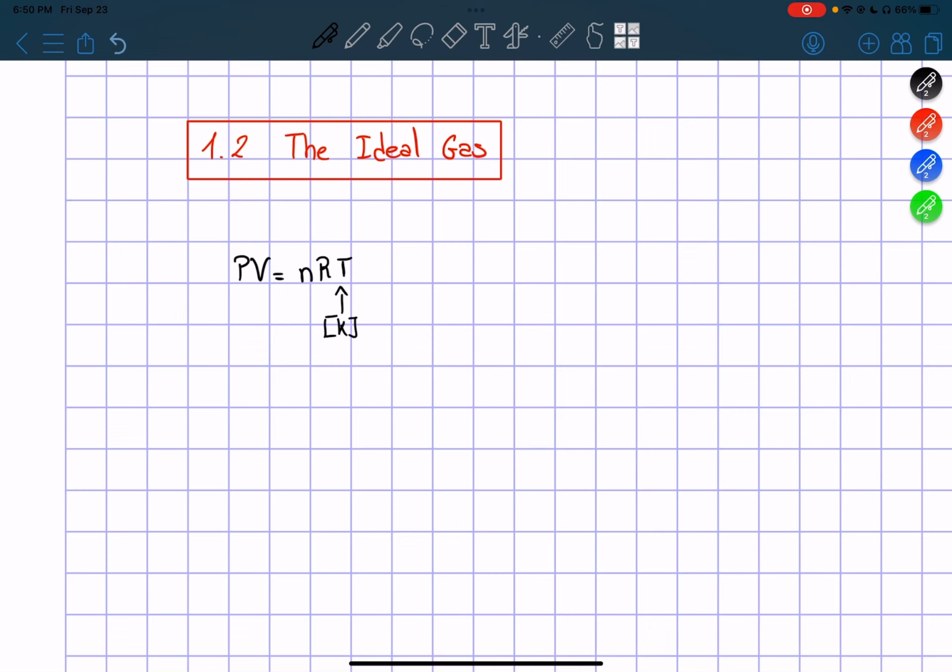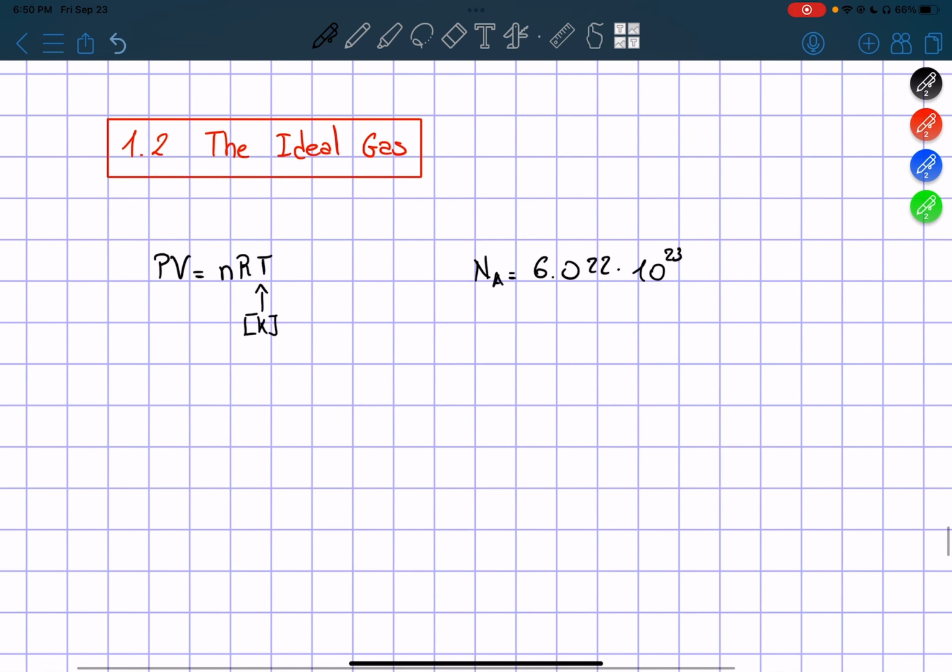So I'll just say something. We know that Avogadro's number, which is a constant, is 6.022 times 10 to the power of 23, and this is the number of molecules per mole.